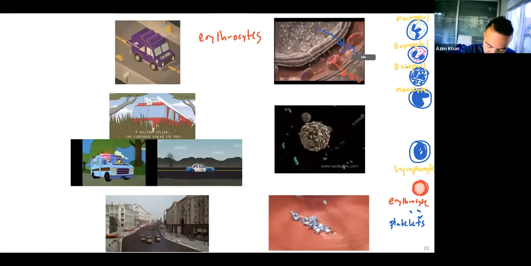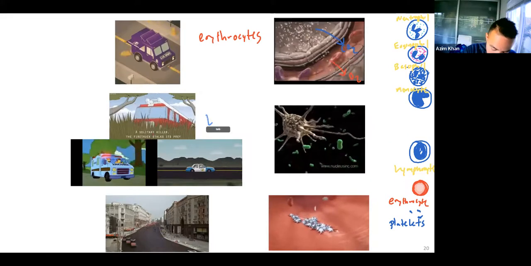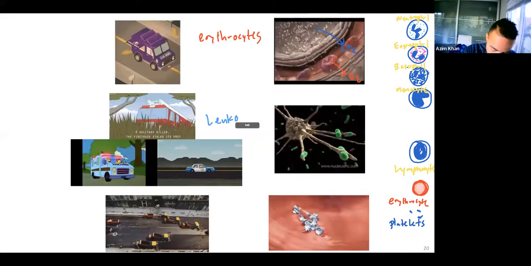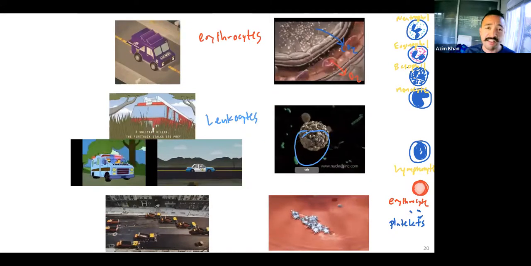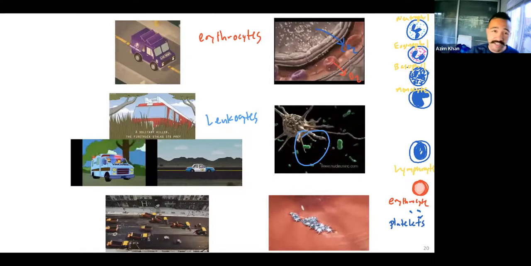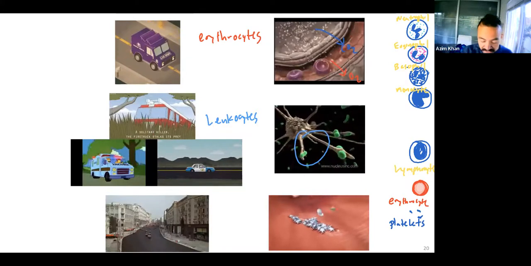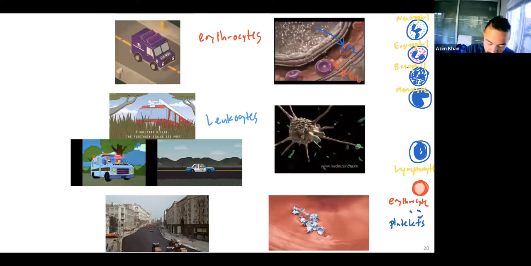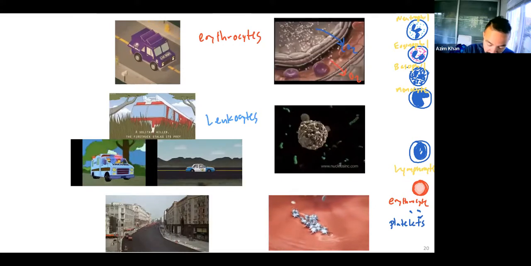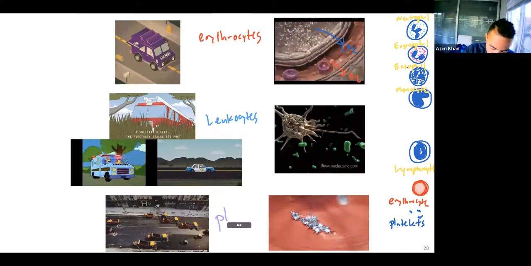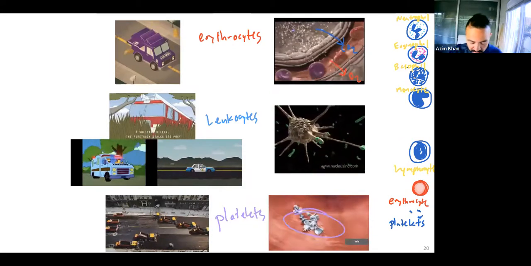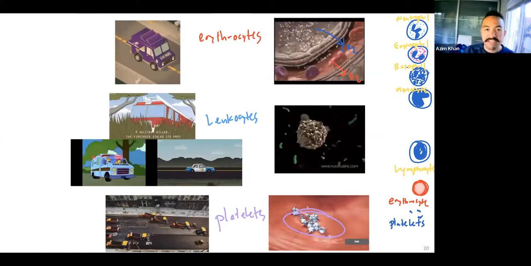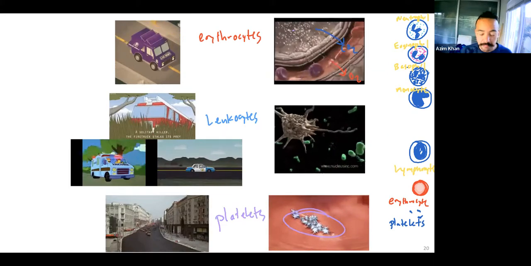Your leukocytes are your emergency vehicles. They can phagocytose bacteria, they can release chemicals, they can coordinate attacks, they can kill your own infected cells. And then platelets patch things up. If there's damage to a blood vessel, it makes sure you don't lose all your blood.